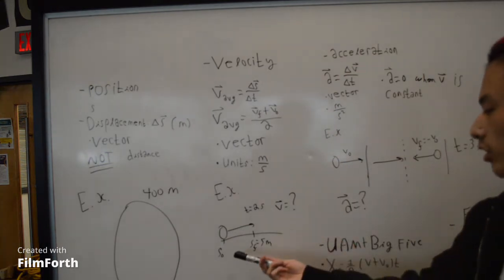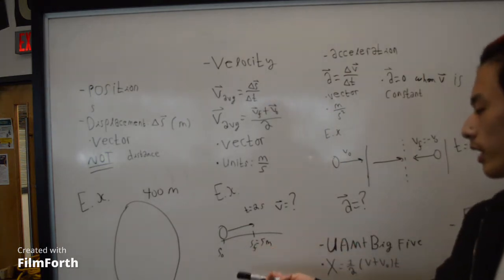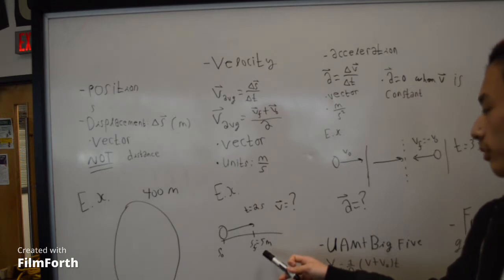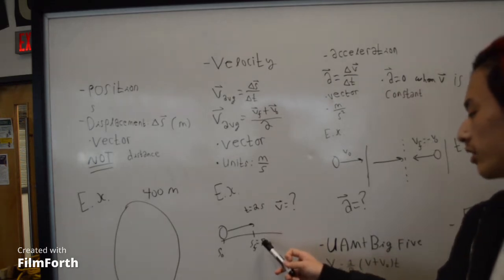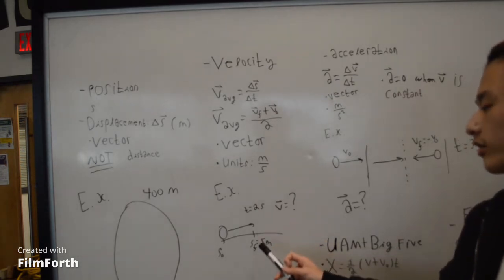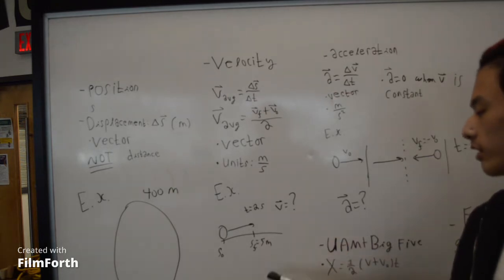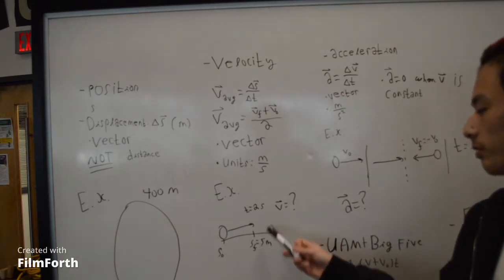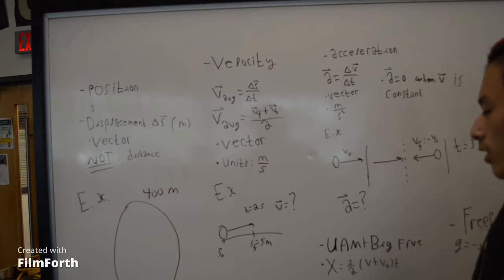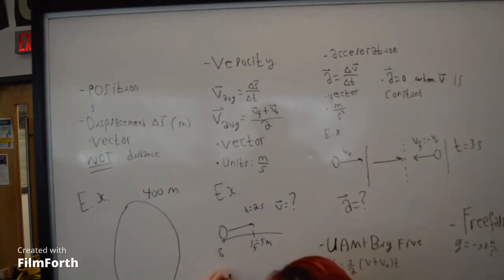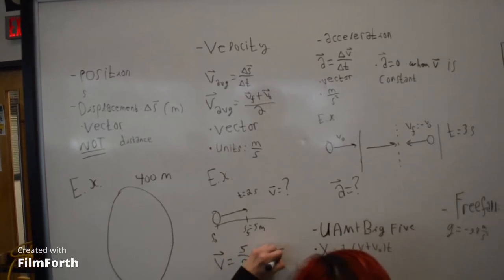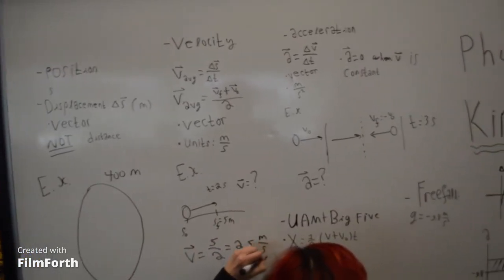Spatial position initial and time initial are both 0, and we know that spatial position final is 5 meters and time final is 2 seconds. Therefore, to find the average velocity, we would divide 5 meters by 2 seconds. Doing that, we get an average velocity of 2.5 meters per second.